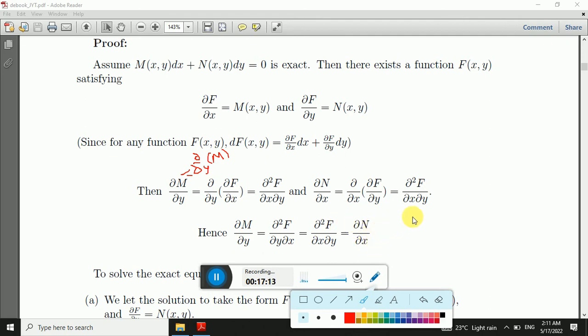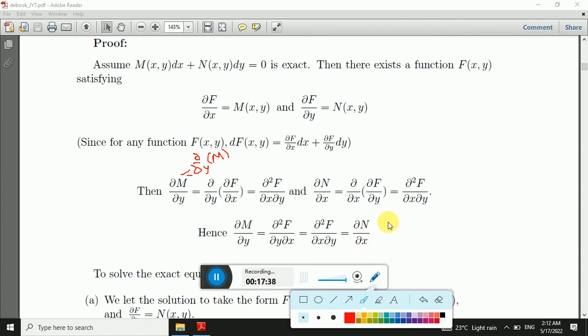They can give you a differential equation in this form and ask you to show that it is exact. So you'll be interested in finding out whether, when you differentiate M with respect to y, what you get is the same as differentiating N with respect to x.